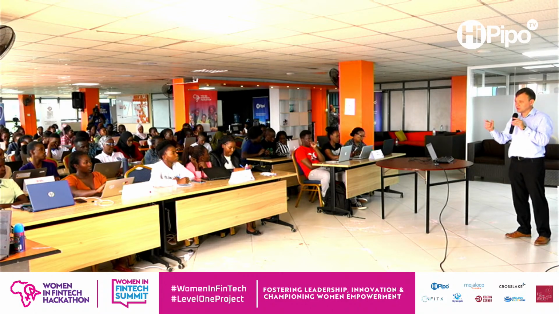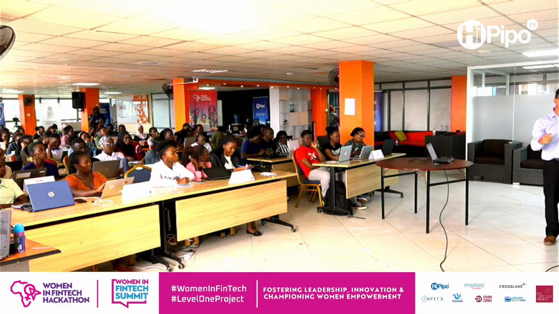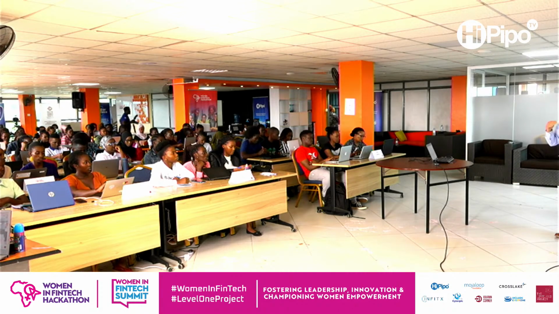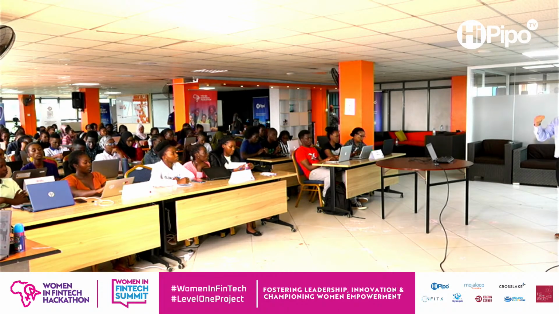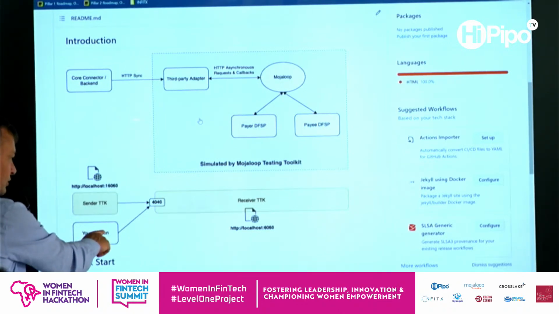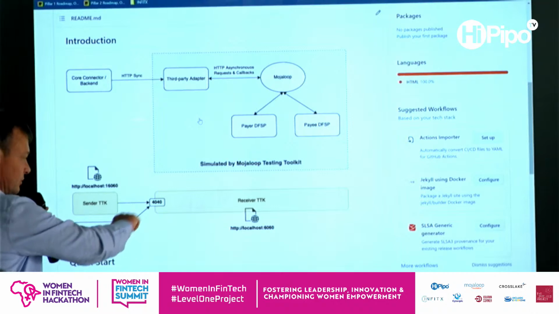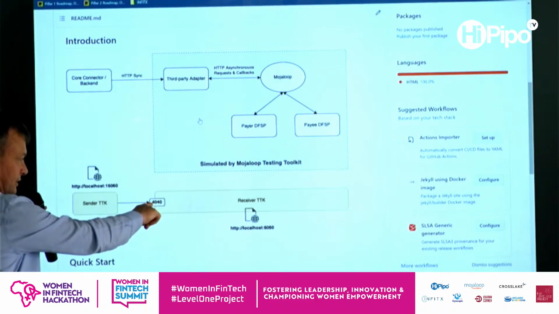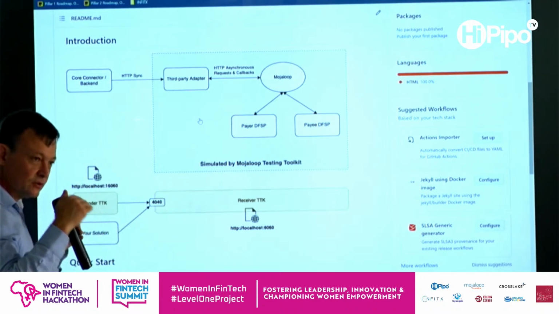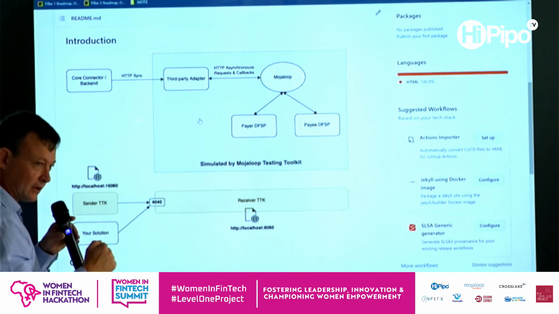The way we simulate it is you make an API call to localhost 4040, and there are 3 calls you need to make: the get parties lookup, the initiate transfer, and then the acceptance of the transfer. So your solution needs to make those calls to localhost 4040, and then our TTK receiver is going to simulate that response back.